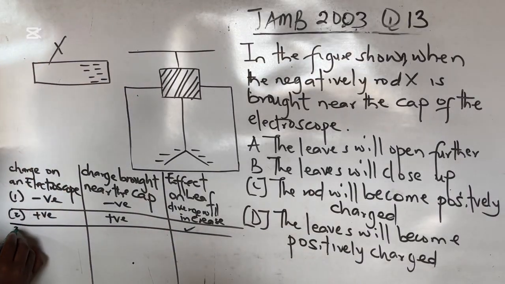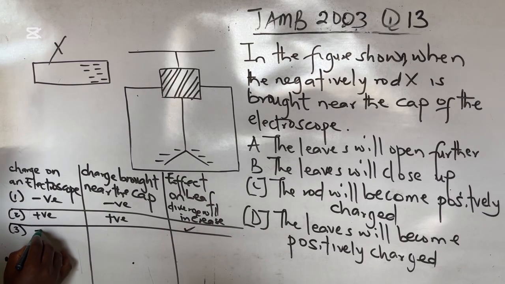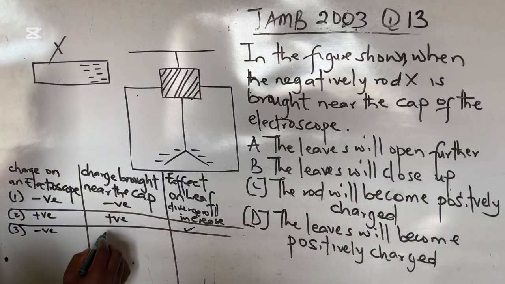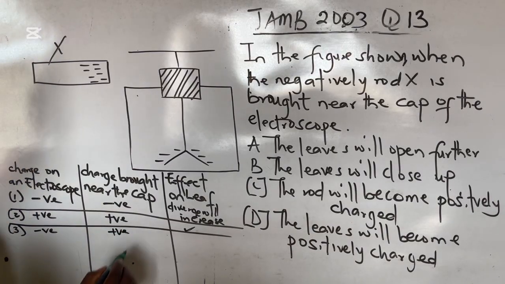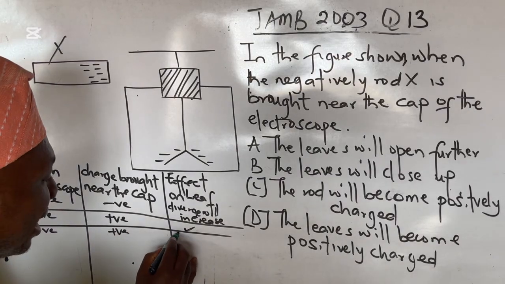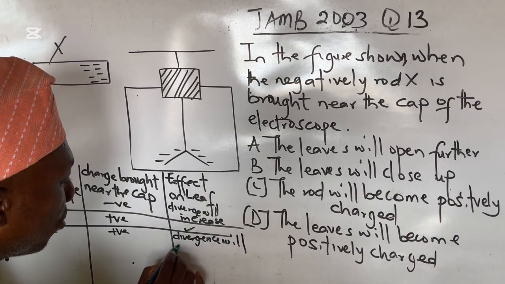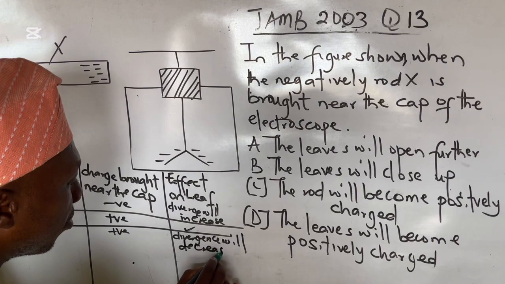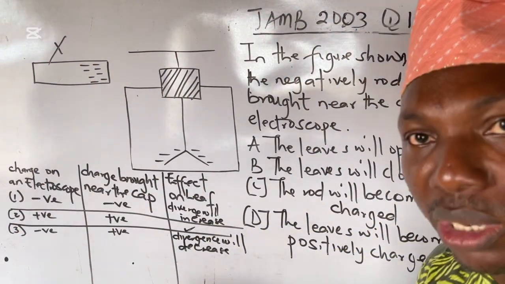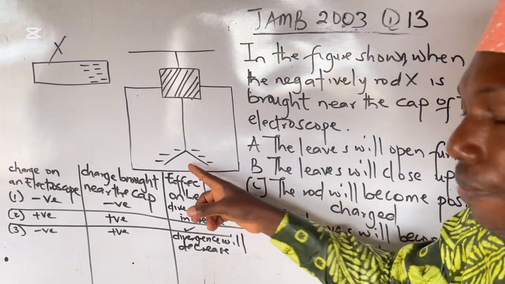Let's see another scenario. Another scenario is when the electroscope is negatively charged and a charged rod X is positive here. That means different charges. We have divergence will decrease. Another word for divergence will decrease is that there will be a collapse of this leaf.